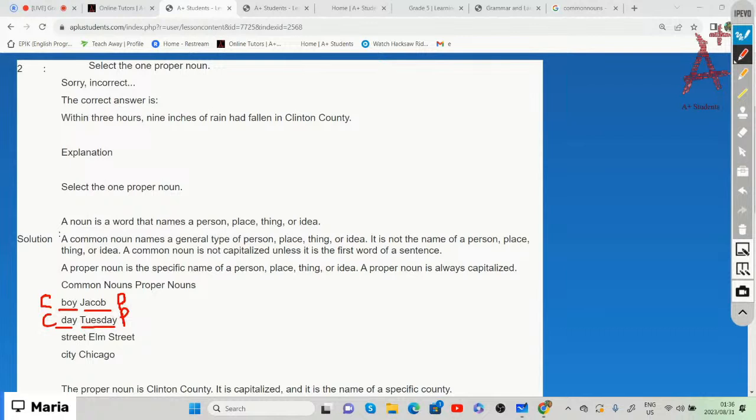All right, then we have street and we have Elam Street. Somebody may ask you, where do you live? And you say, I live down that street, or I live down that road. And we see lots of roads. This is basically just generalizing. It can be any street.